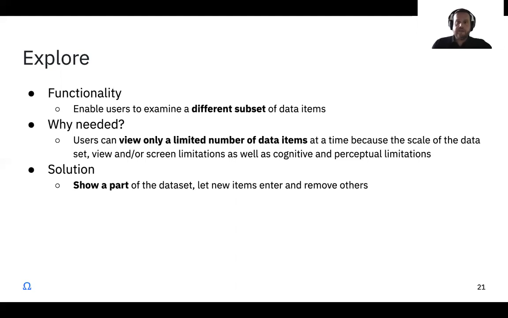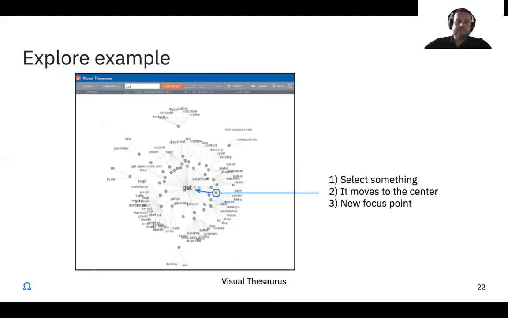Again, it's not the same thing, but it's a very related concept here. So the Explore example: there is this system called Visual Thesaurus. What you do is you select something, then it will move to the center. Each of these are words.